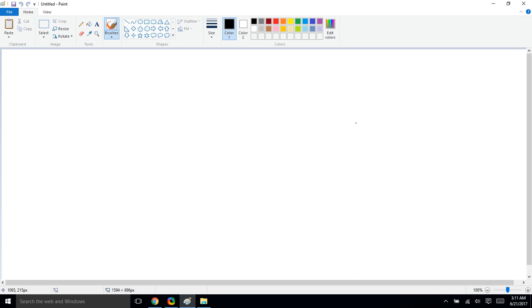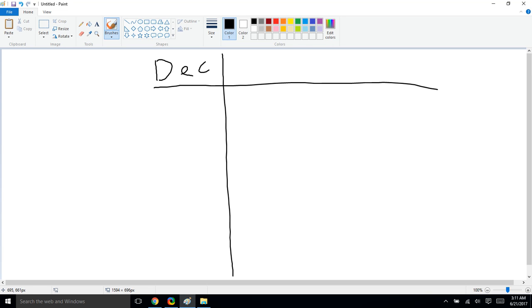I want to do this with base 8. So I'll start with a decimal number. Go ahead and start with 81. So instead of 2s, I want to do 8s. Okay, so 81 divided by 8.